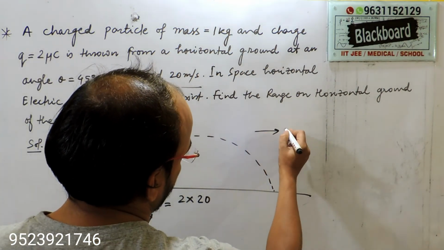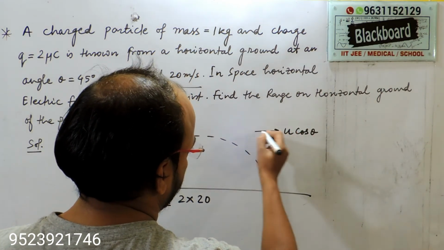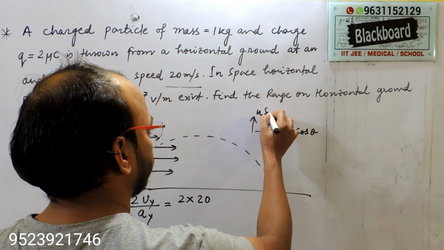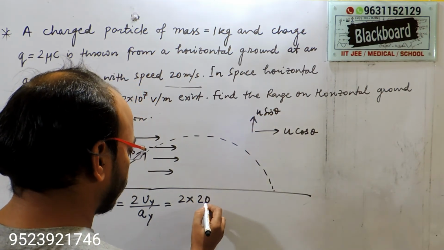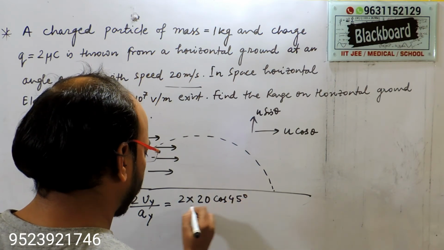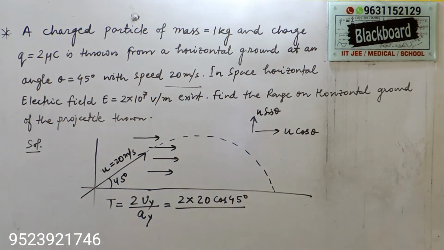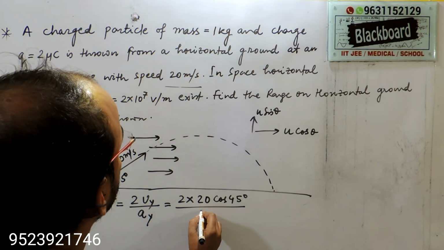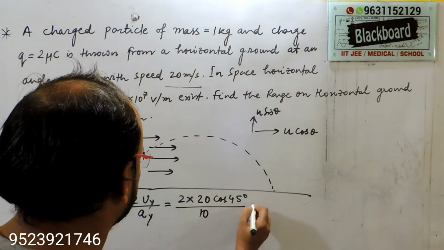Horizontal velocity is u cos theta, and vertical velocity is u sin theta. That means 2 times 20 cos 45 divided by ay, acceleration. Here the acceleration is g, that means 10.